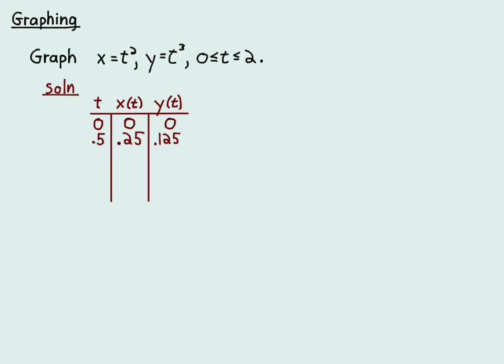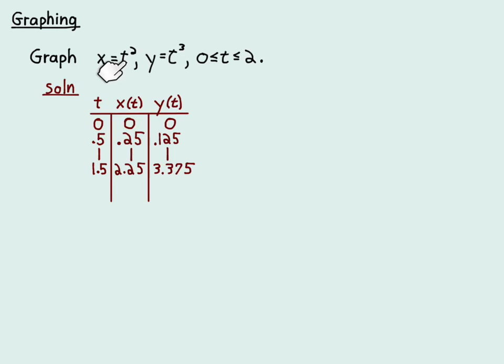So I put 0.5, and if you square 0.5, you get 0.25, and if you cube it, you get 0.125, which is an eighth. And then if you put 1 in for t, 1 squared is 1, 1 cubed is 1, so those all agree. 1.5, you get 2.25, 3.375. I'm just plugging it in these equations.